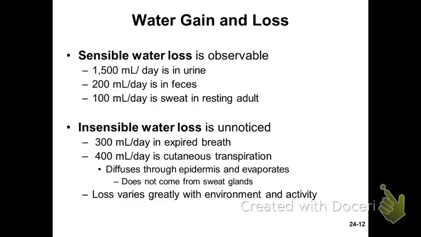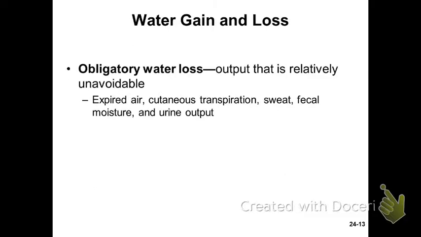This is not sweat per se that would bead up on the surface of your skin, but this is literally almost evaporation coming through your epidermis. And so there's your 2,500 mils of water that you lose on a daily basis. So there's this balance, right? 2,500 in, 2,500 out. It's important that you know these numbers.